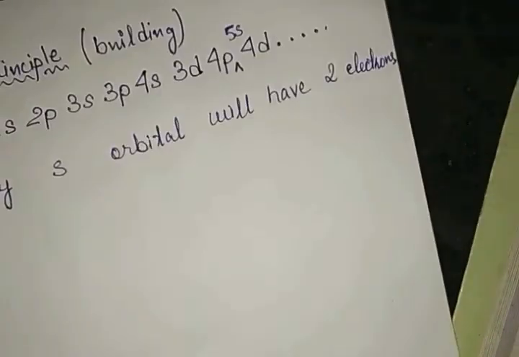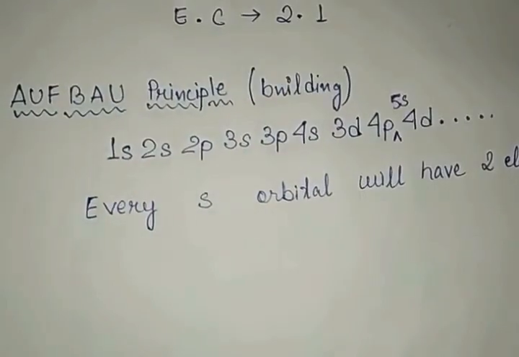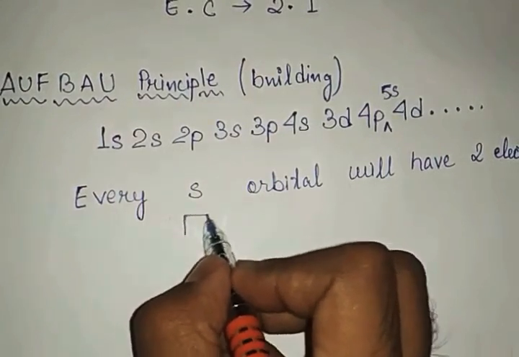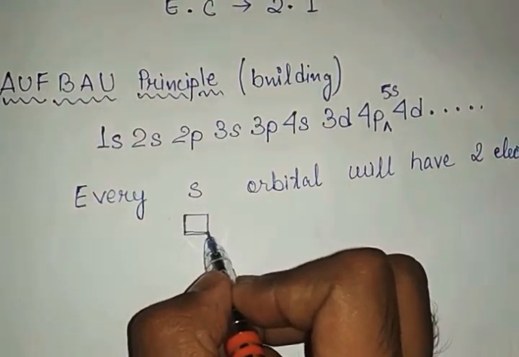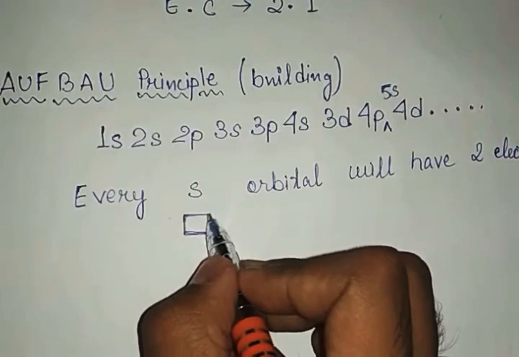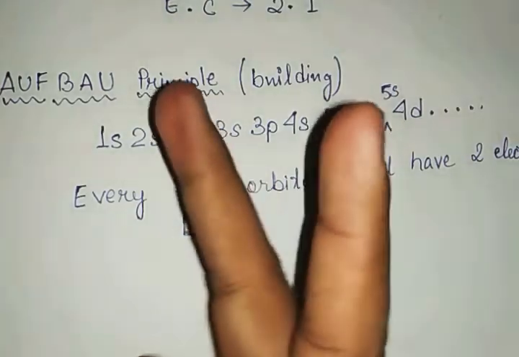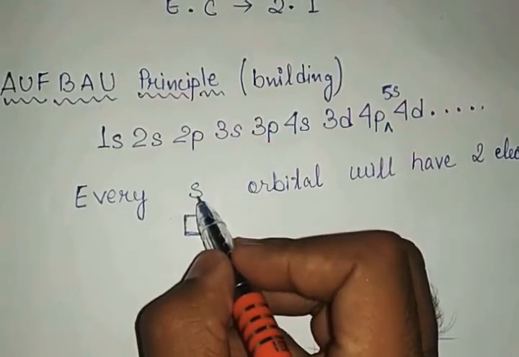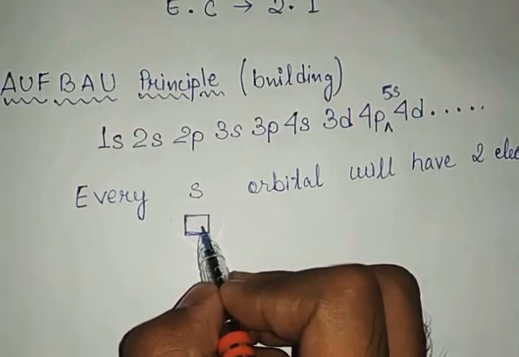So for our convenience, we take the shape of all these orbitals in the form of small squares. In every one small square, only 2 electrons can go. So in case of s, we will have only 1 square.